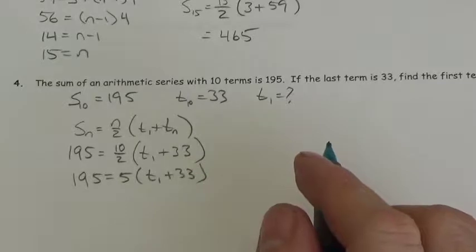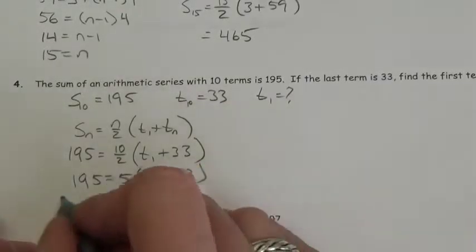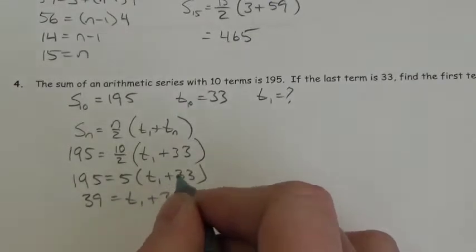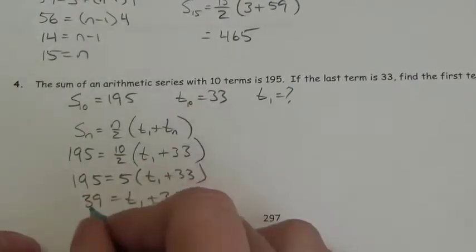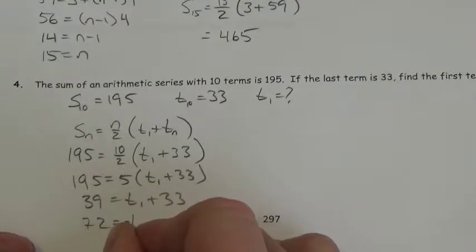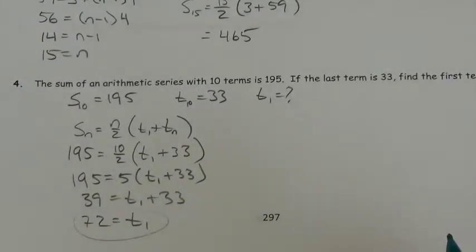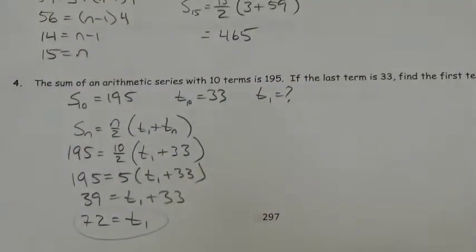I take that 195, divide it by 5, and I get 39 is equal to T1 plus 33. Then you simply add the 33 to both sides, and we get that our very first term, the T1, is 72. Just a little bit of manipulation of the equation is all that is.